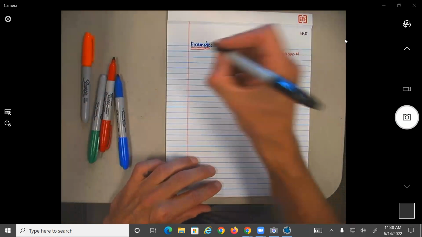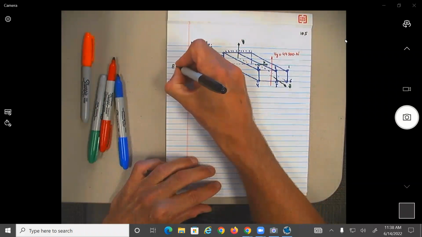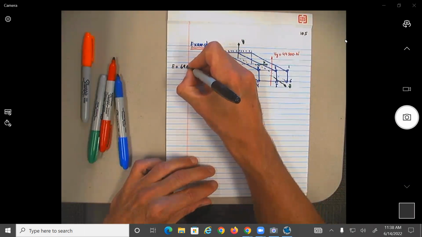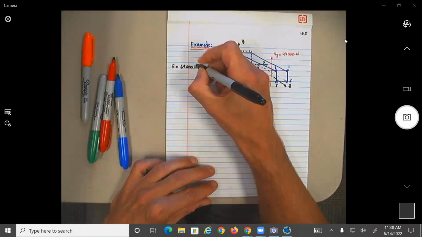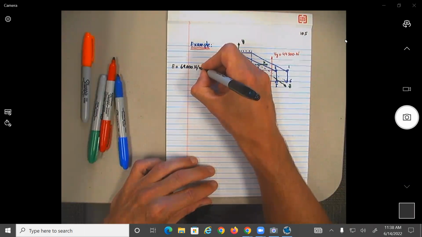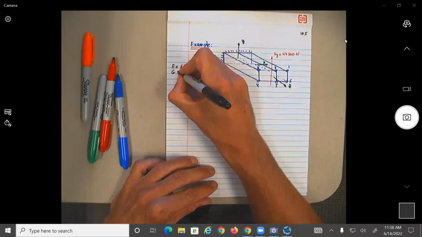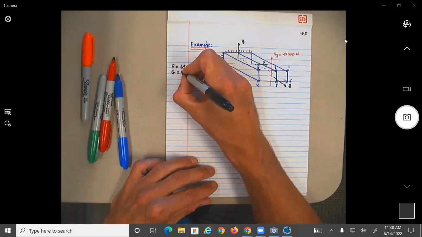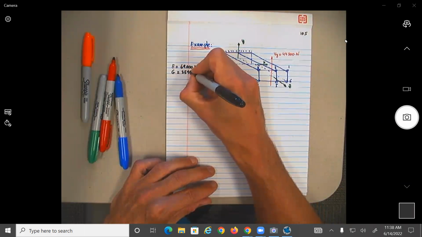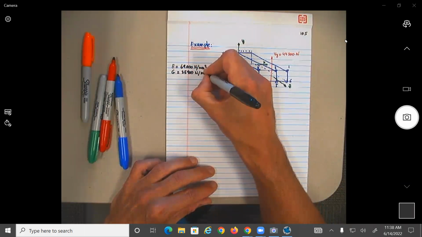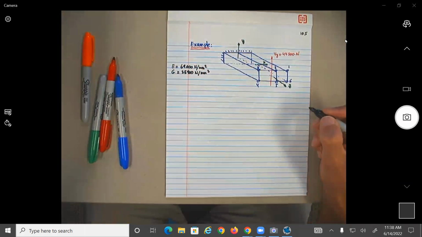So let's see. We know that the Young's modulus for the system will be 69,000 Newton per millimeter squared. The torsional modulus will be 25,900 Newtons per millimeter squared.